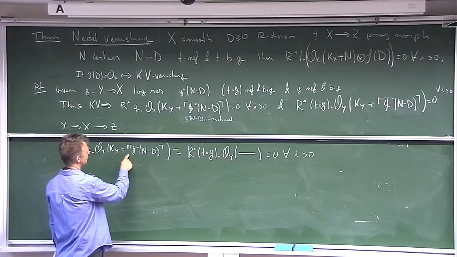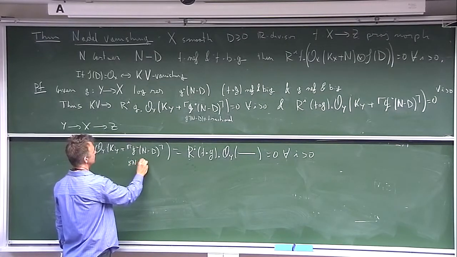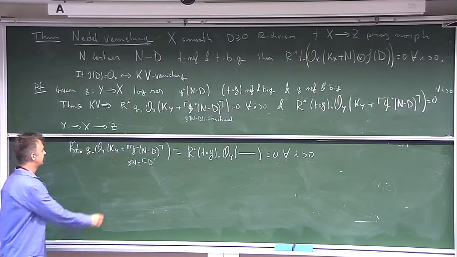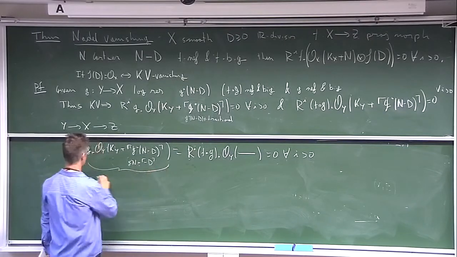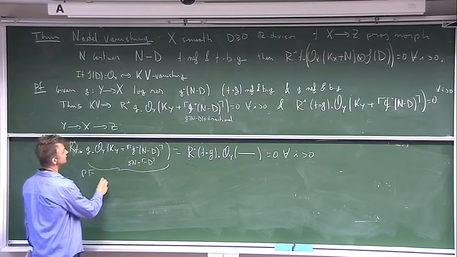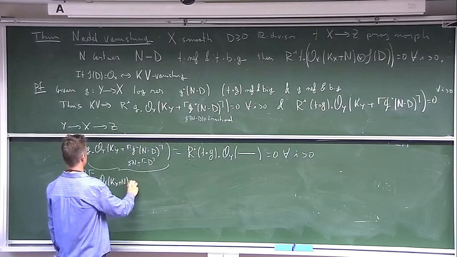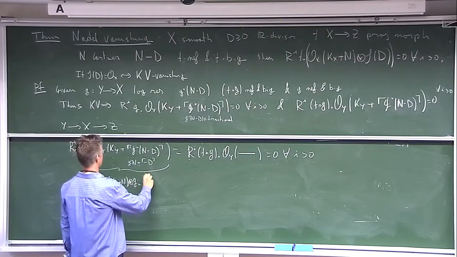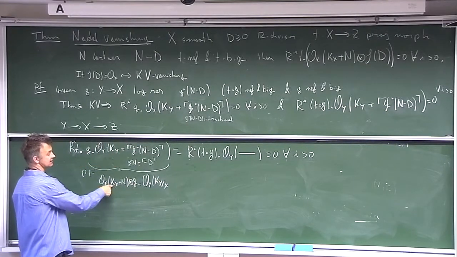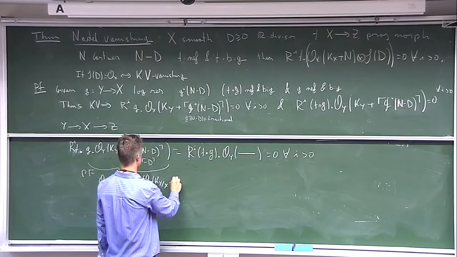So this thing here is the same as doing G upper star of N plus the round up of minus D. By the projection formula, this whole thing is the same as O_X(K_X plus N) tensor G lower star of O_Y(K_{Y/X}). If I add K_X, I also have to subtract the pullback of K_X here. And then plus the round up of minus D.